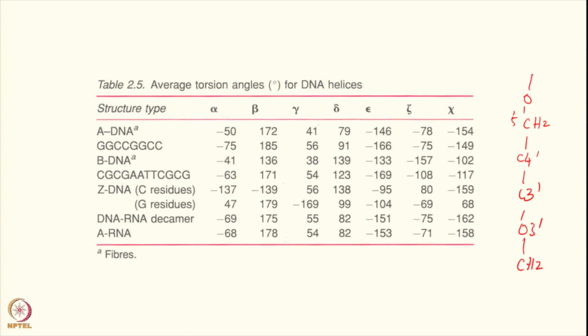Then you have the P here, then the O again, and your sugar ring is here. This goes to the O here, C1 prime, C2 prime, and this is connected to this, and this angle is the delta torsion angle.